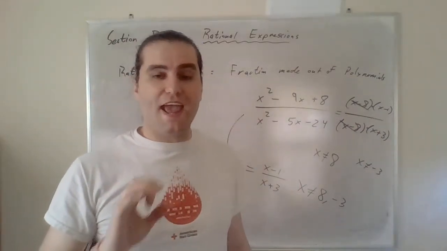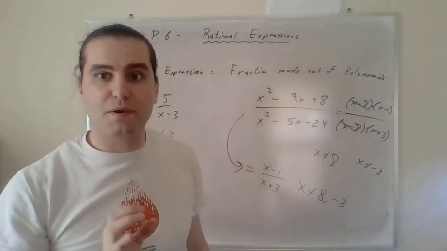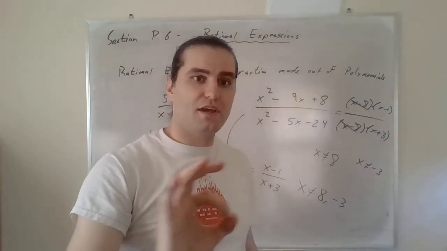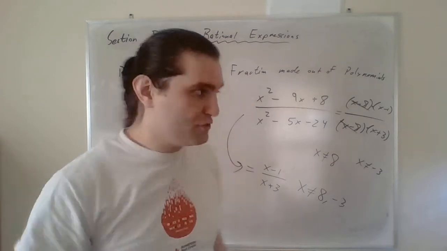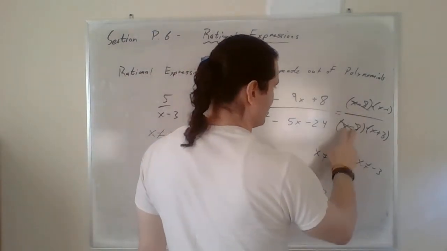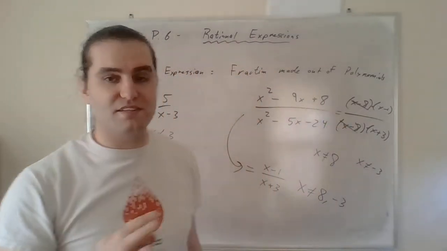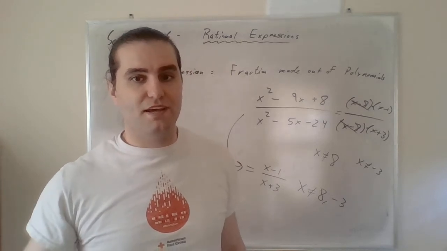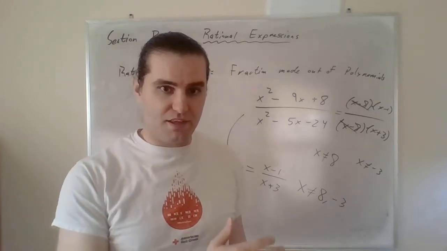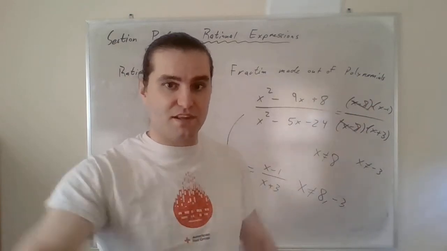You can plug in any value of x, and these things will cancel each other out because they will be the same number, except x equals 8. If you try to plug x equals 8 into this thing, then you get 0 over 0, and that does not cancel. 0 over 0 is not something that you can just say it's the same number, it cancels, it's done, move on.